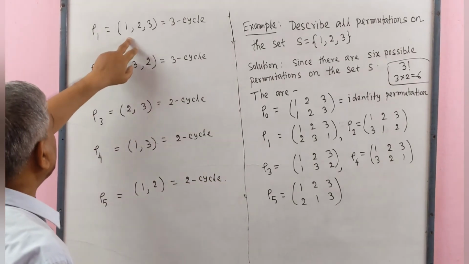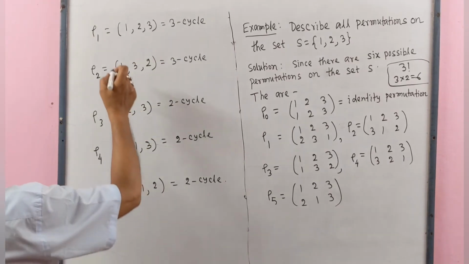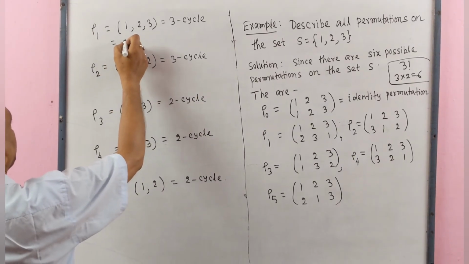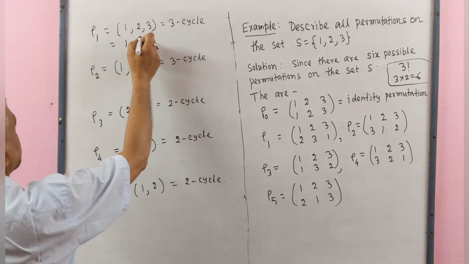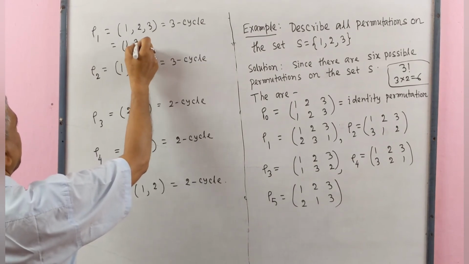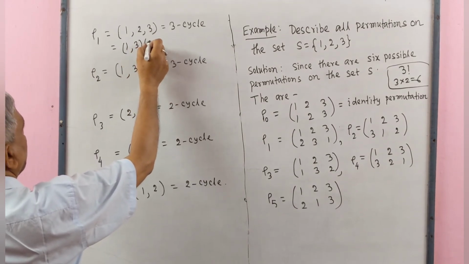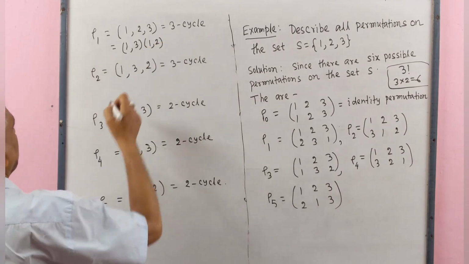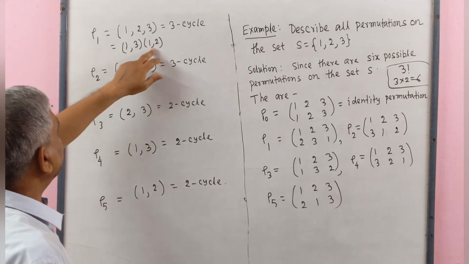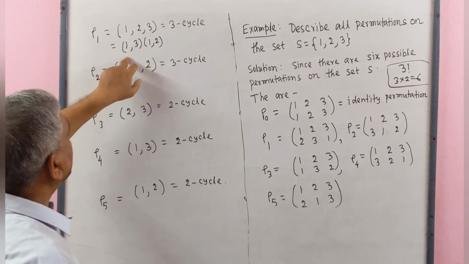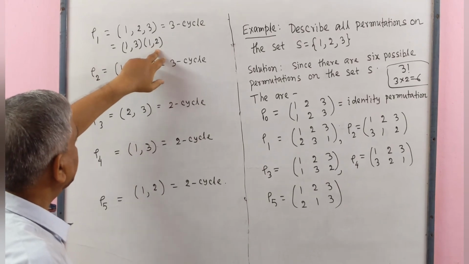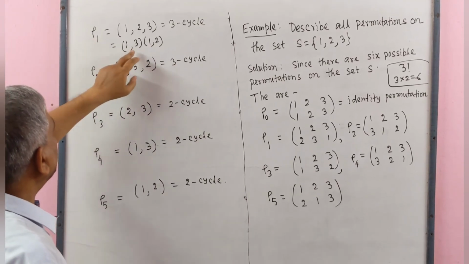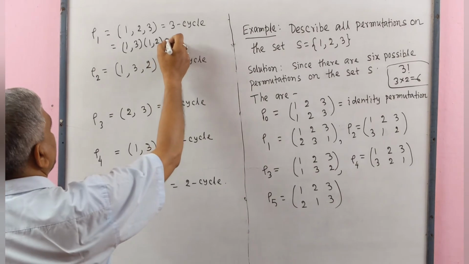Since row 1 is a 3-cycle, it may be written as a product of transpositions (1 3)(1 2). A product of 2 transpositions is an even number of transpositions. Therefore, row 1 is an even permutation.